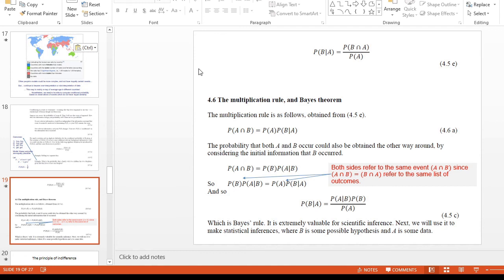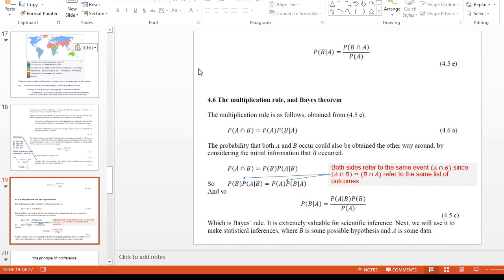We could have said that we learn about B first and then consider the conditional probability of A given B, in which case we'd get another expression for the probability of the intersection of A and B, the second line. Because these refer to literally the same list of outcomes occurring, the list of outcomes in the intersection of A and B, those two expressions must be equal to each other, so you get probability of B times conditional probability of A given B is equal to probability of A times conditional probability of B given A.